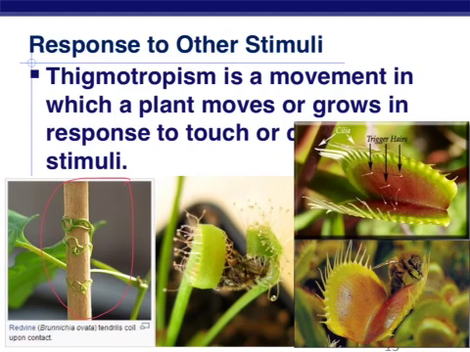And when they come into contact with a fairly sturdy object, they will wind their tendrils around and use it to pull themselves up. More classically, we have plants like the Venus flytrap, which will move their leaves and trap insects inside of them in response to the insect brushing up against their little trigger hairs.